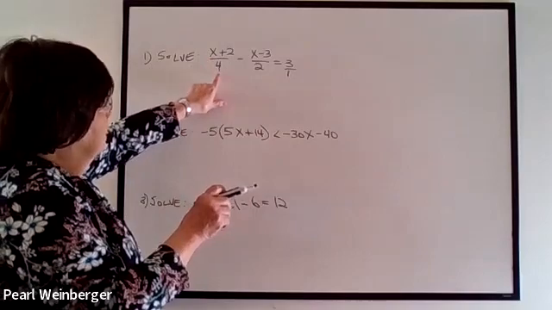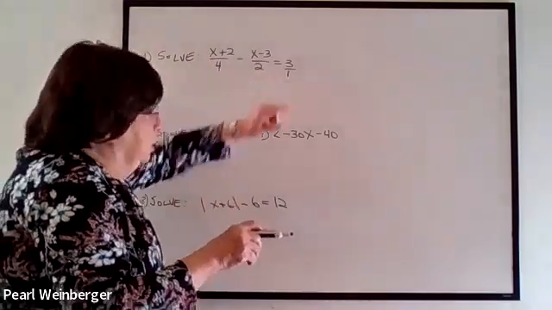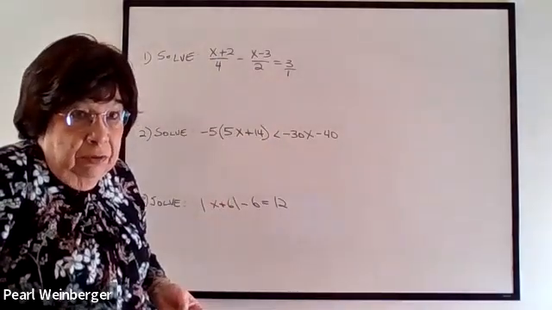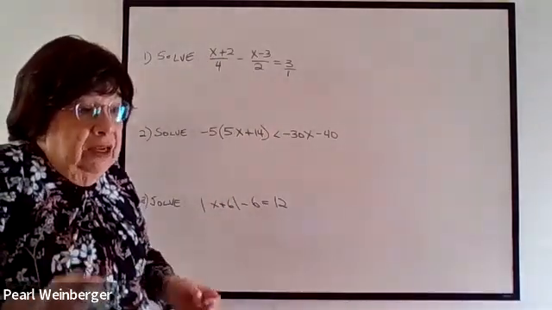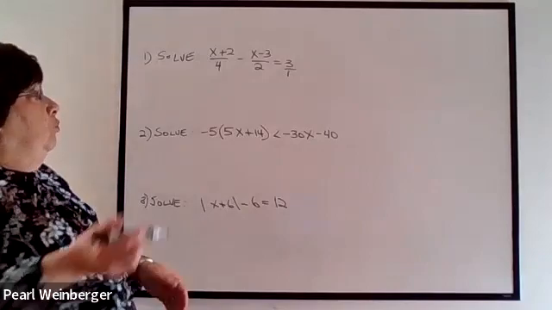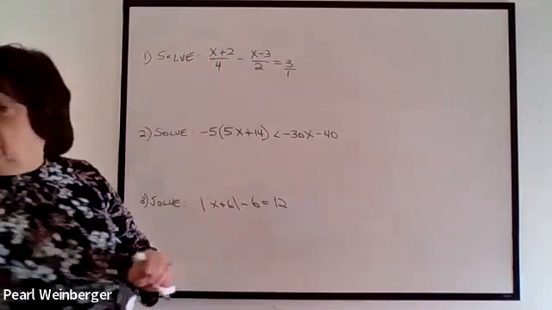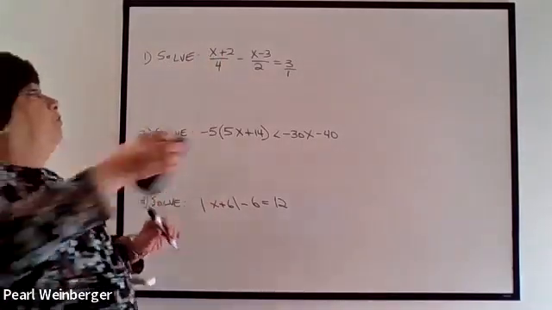Now we look at the denominator and it's 4, 2, and 1. The number that all 3 of those divide into evenly is 4. So our common denominator is the number 4.